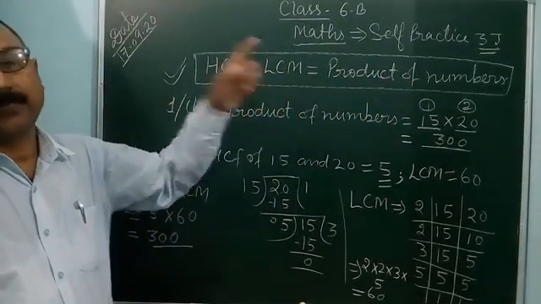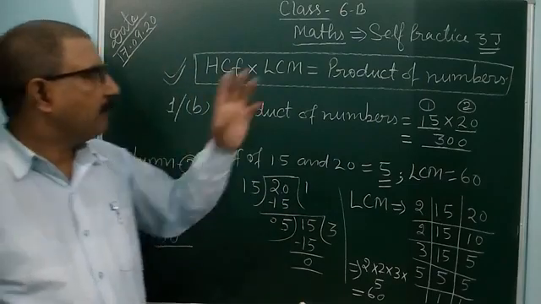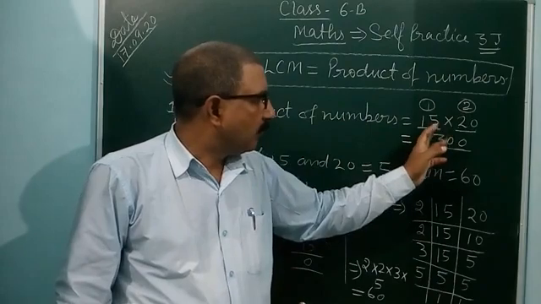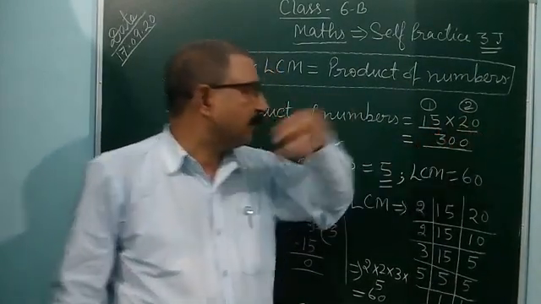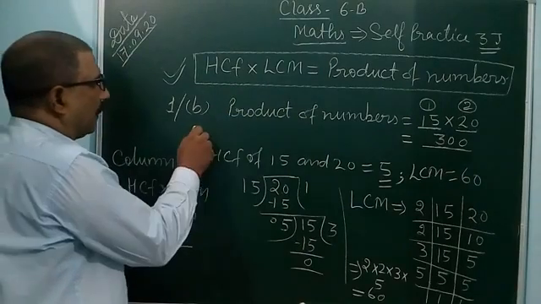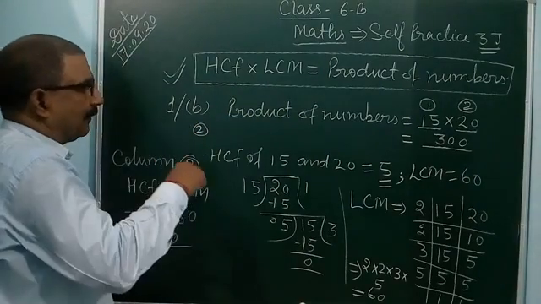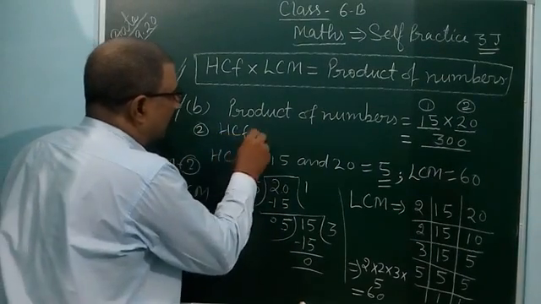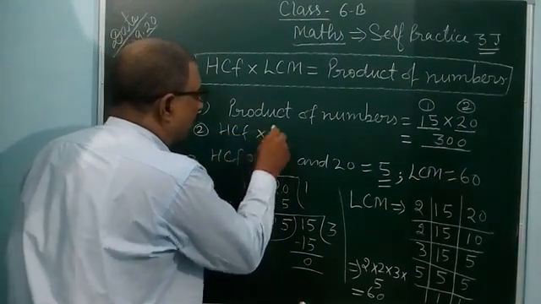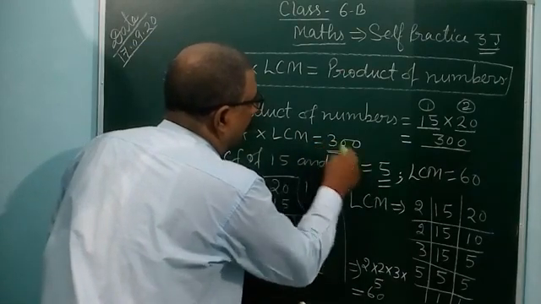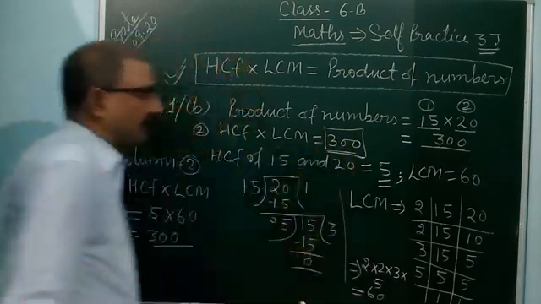Using this formula, you can see the product of numbers is equal to the product of HCF and LCM. So if you have the first number as 15 and the second number as 20, you can write directly in column 2: HCF multiplied by LCM is also 300.